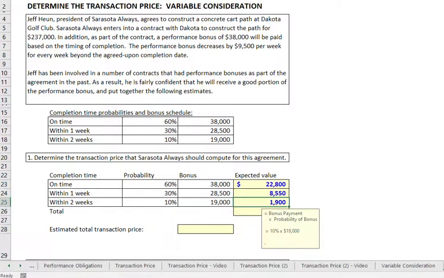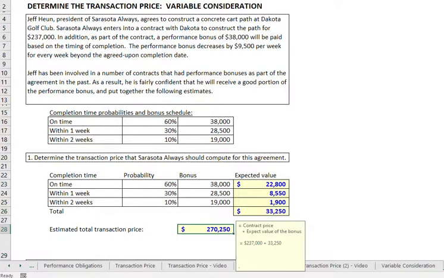So the expected value is $1,900. We sum up and our total expected value related to the bonus is $33,250. So in terms of what we would allocate to the transaction price for this portion of the contract, it would be the contract price for the cart of $237,000 plus $33,250 as the expected value of our bonus.